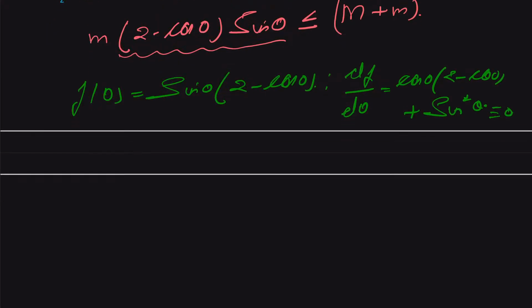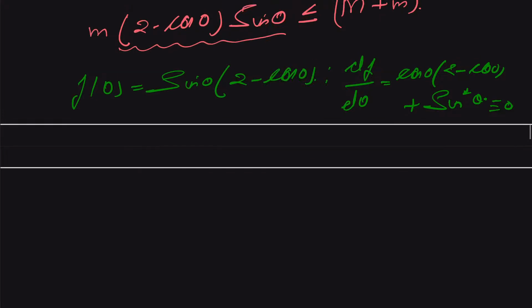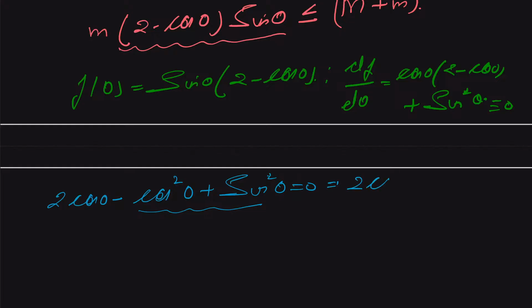So from here we get that this will be our 2 cos θ - cos² θ + sin² θ is equal to 0, and we can write this as cos 2θ.